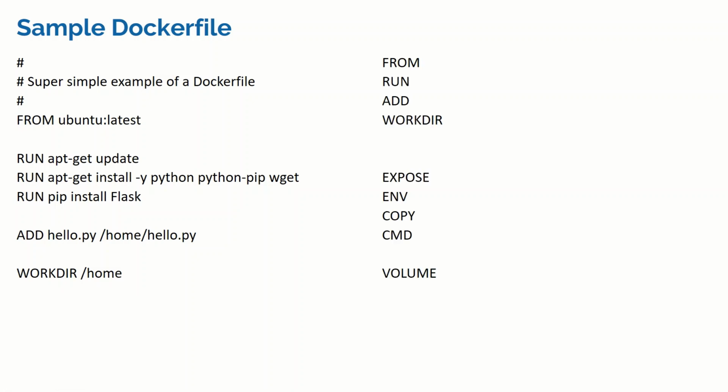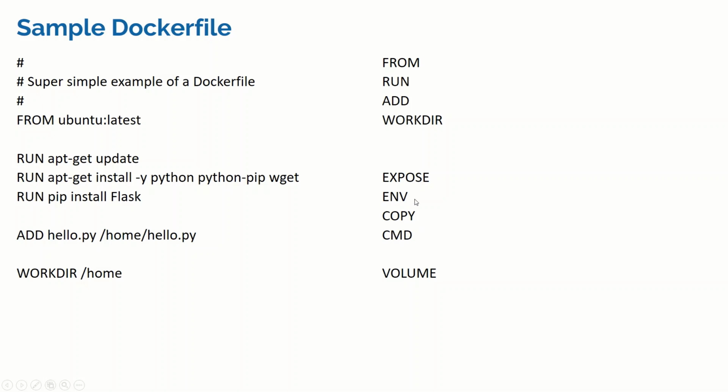Just as a recap, we went through the commands on top, which is the FROM command, the RUN command, the ADD command, and the WORKDIR command, which is the changing of your working directory. There will be a few other commands that are extremely common and useful, and that will be the EXPOSE command, which exposes the ports that you want to expose for your container.